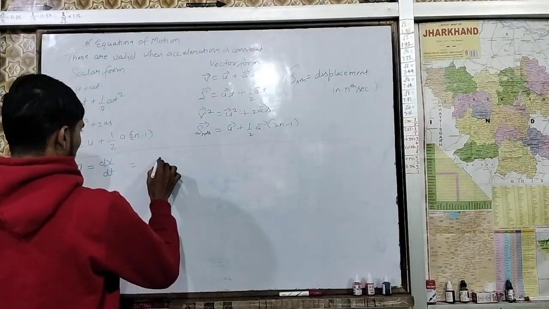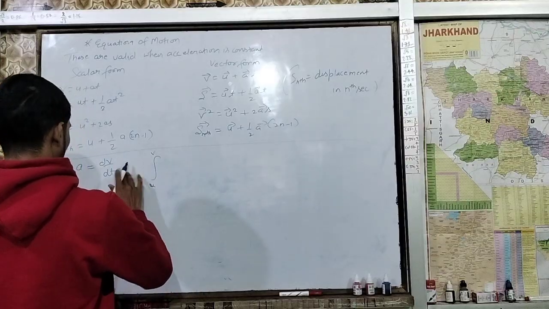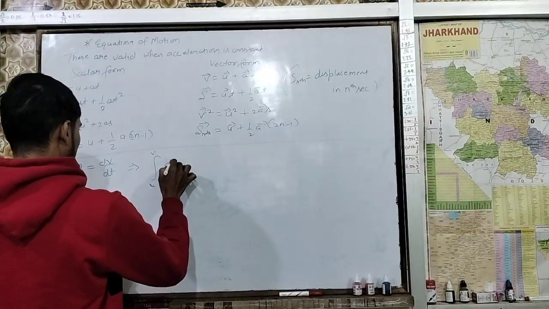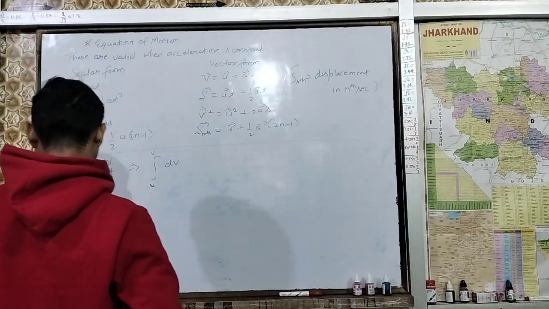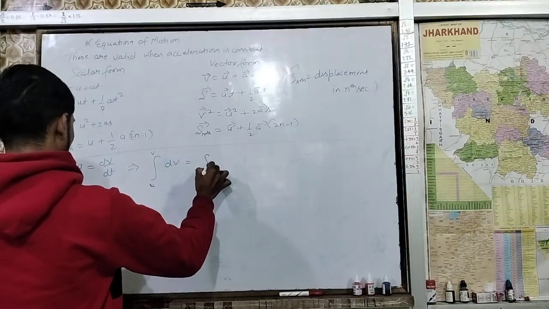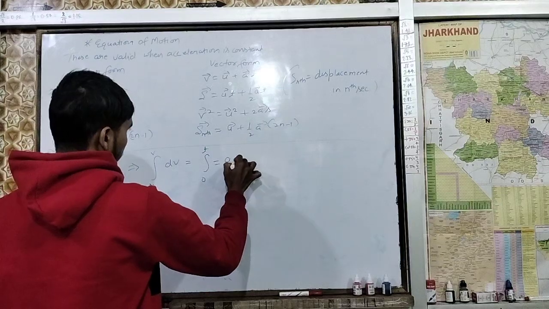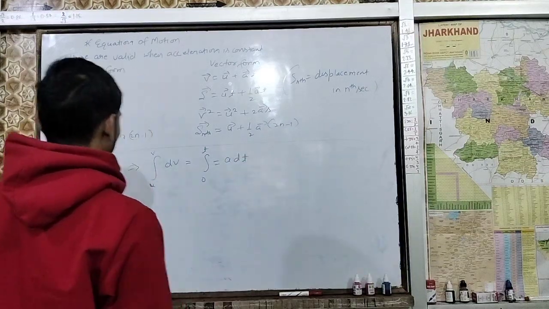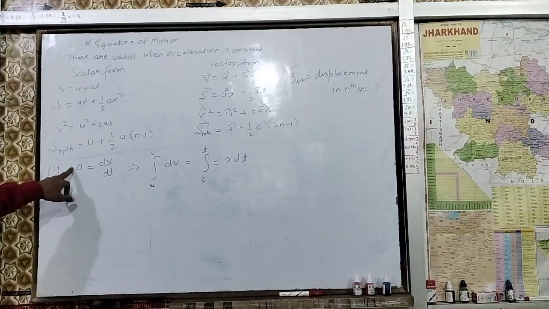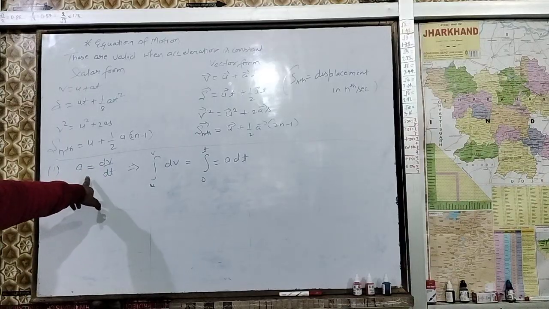So from initial to final, integral of dv from u to v is equal to integral from 0 to t of a dt. Just dt came here, and it became dv is equal to a into dt.